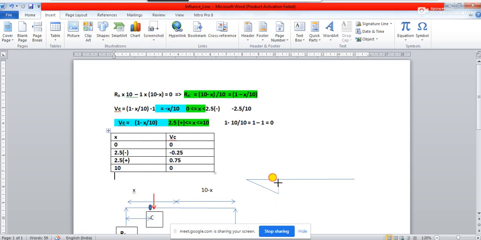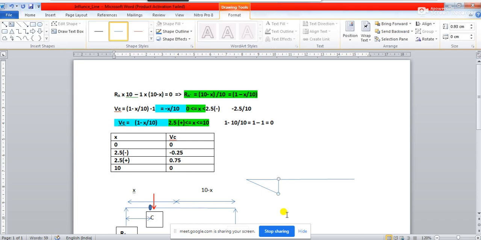And you see this distance. From here to here, it is going to be minus 0.25. This amount is going to be minus 0.25. And this distance from here to here, don't get confused, this is along the length of the beam.